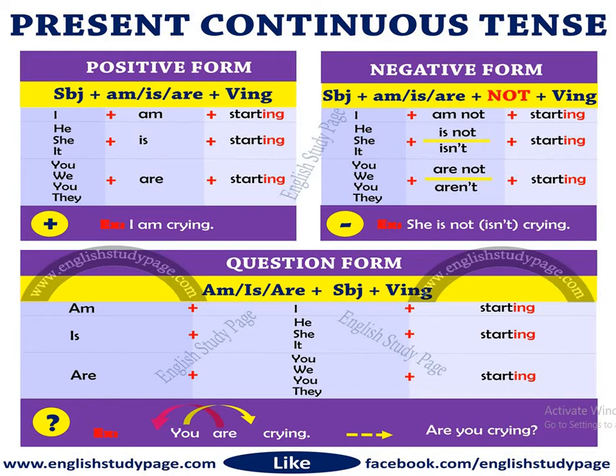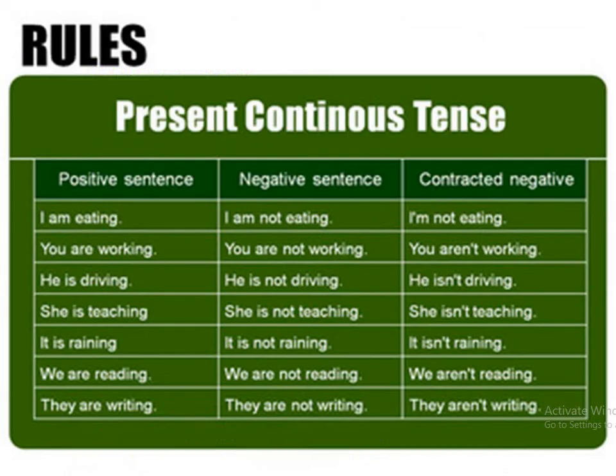Although you is a singular subject, along with you we use are, right? So you, we, they. When the subject is plural, we use are, when the subject is singular, we use is, and when the subject is I, we use am. Am I clear? So this is how we use the helping verbs depending on the type of subject.